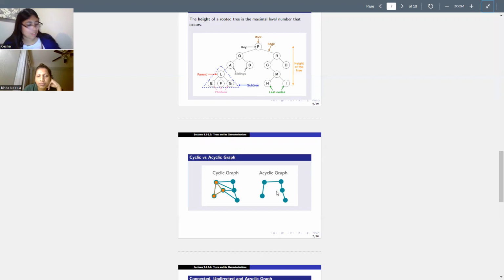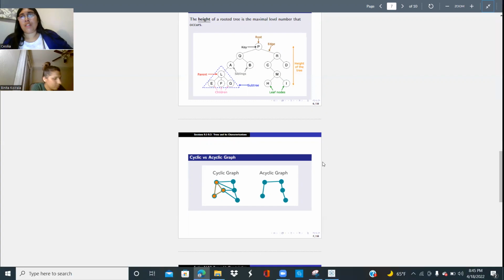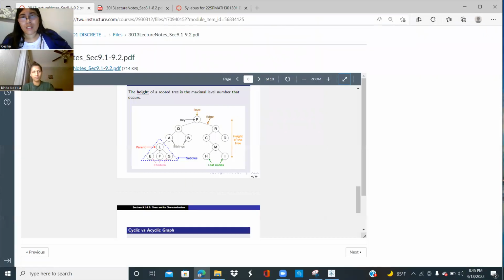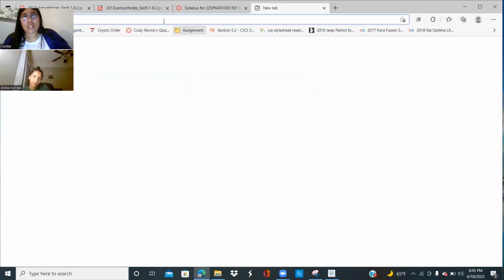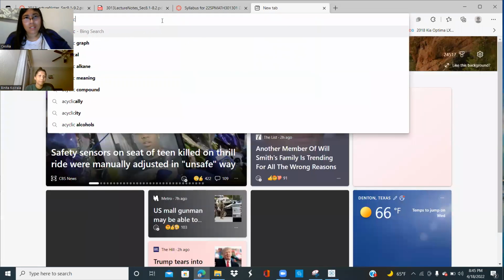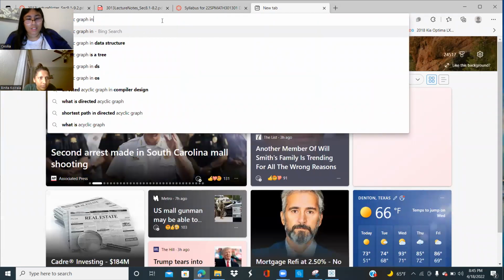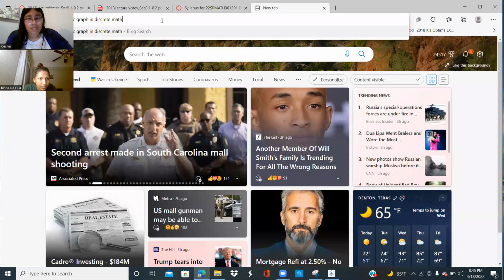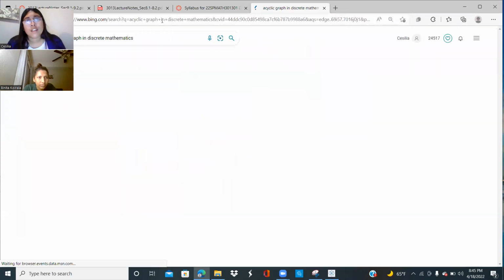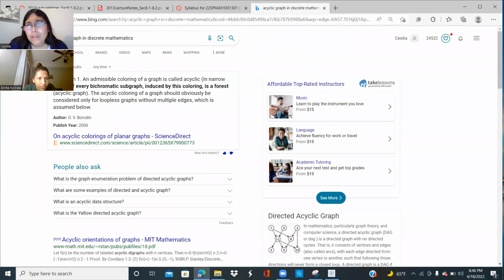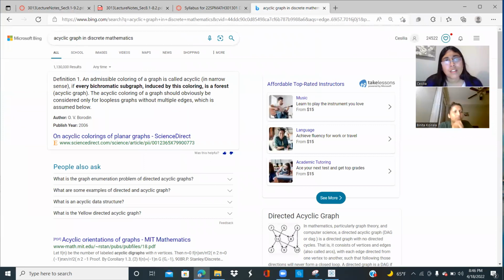Okay. Let me look at that one real quick. Or let me just look it up on here. That should be easier and faster. Cyclic graph and discrete mathematics. Okay, subgraph induced by this coloring is a forest.